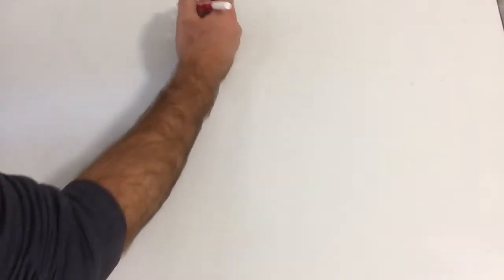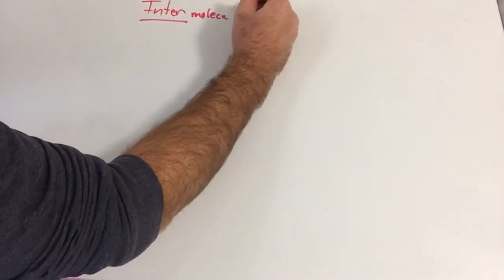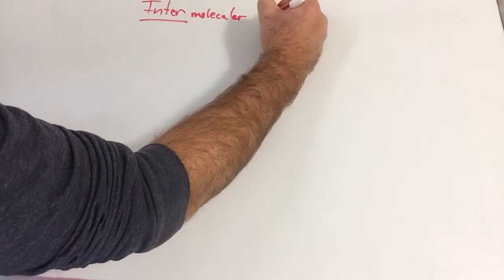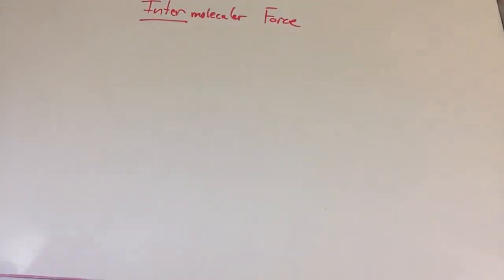So hydrogen bonding is just another bond that happens between molecules. It is an intermolecular force. So when we were talking about ionic bonds, polar covalent bonds, and non-polar covalent bonds, those are inside of a molecule.